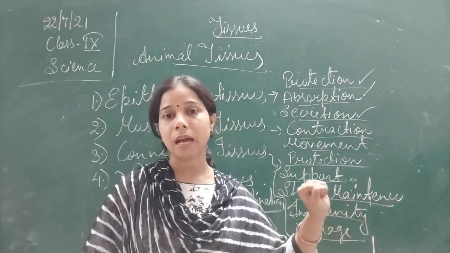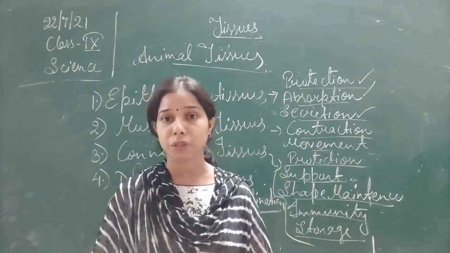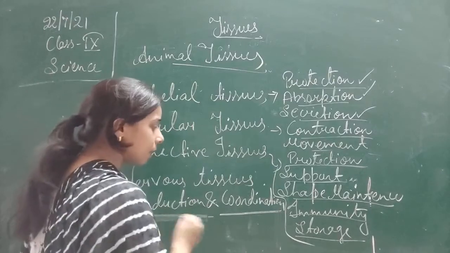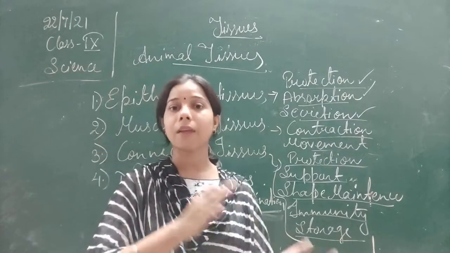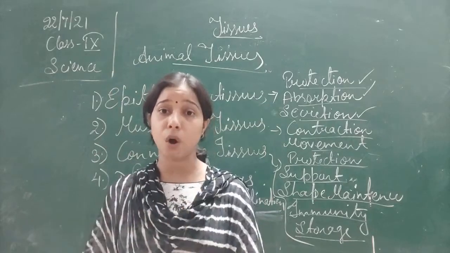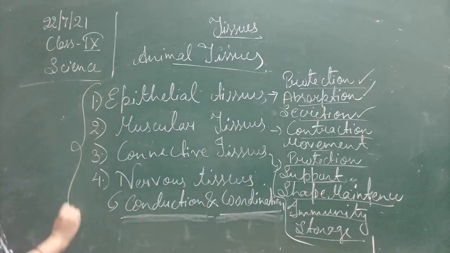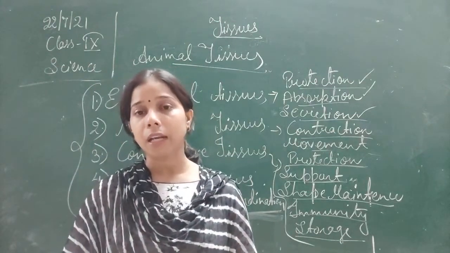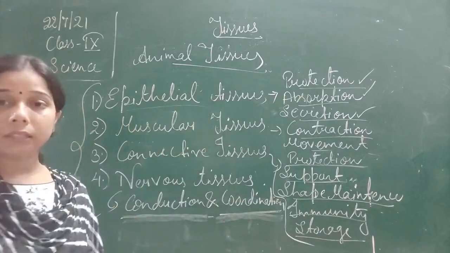Effector here means that body part which is going to work on it, which will respond to the stimulus. Okay, so it conducts as well as coordinates with the brain and the spinal cord, with the brain and the body, and that will help in giving the exact response to the stimulus. So these are the 4 different types of tissues which are divisions in an animal tissue. Now let us start with the first one, and that is epithelial tissue.